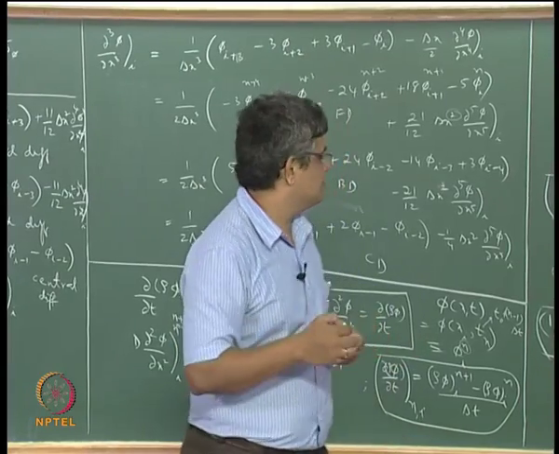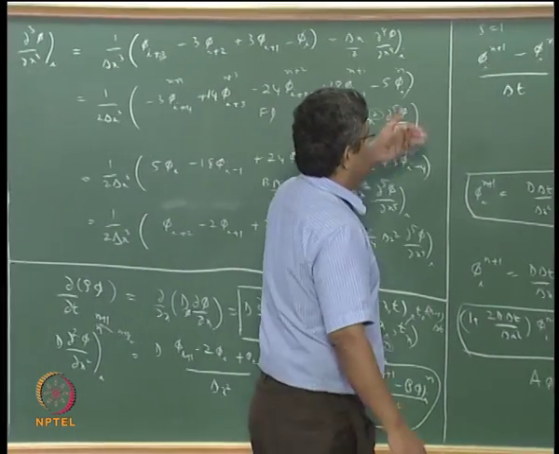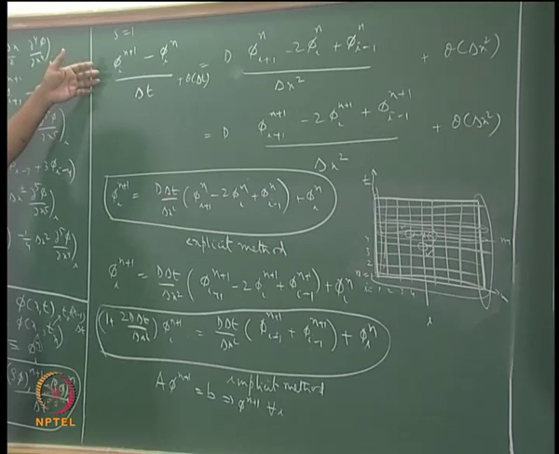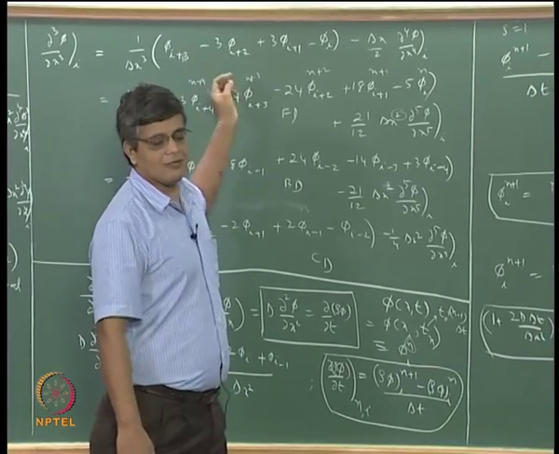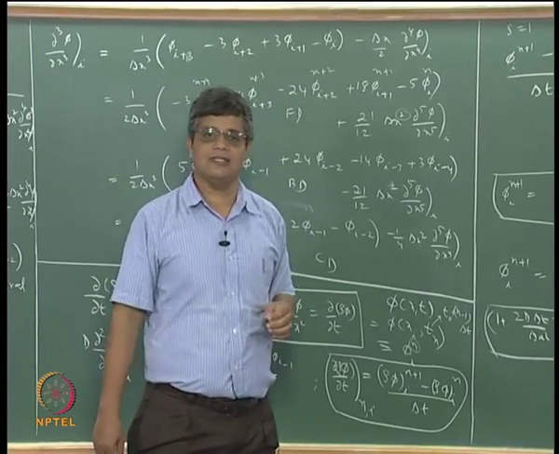So from that point of view, we can't afford to have highly accurate schemes for the time progression, because it requires us to store a large amount of data which may otherwise not be necessary.